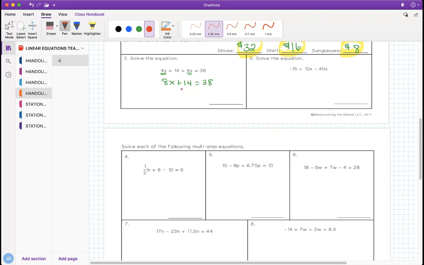I'm going to take the opposite of adding 14 because I'm moving it to the other side of the equal sign, and I need it to zero out. So 14 take away 14 is 0. I'm going to drop down my 8x. And now I have 38 take away 14, which is going to give me 24. Now at this point, a lot of you can look at this and go, oh, 8 times what gives me 24? And you just know that x equals 3.